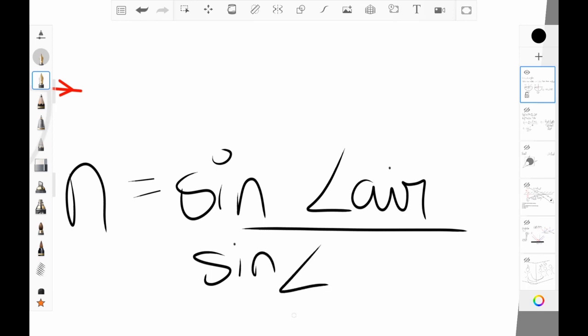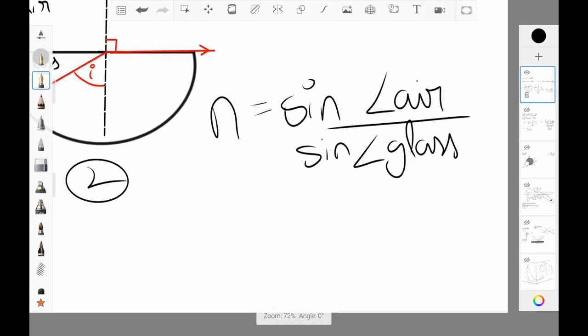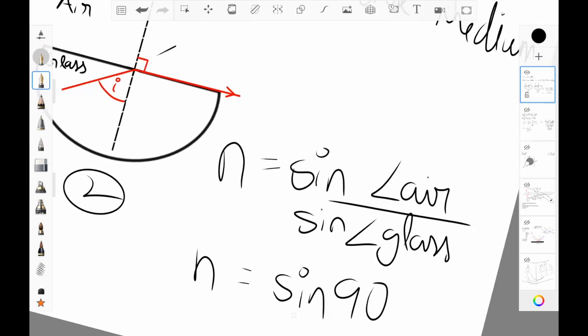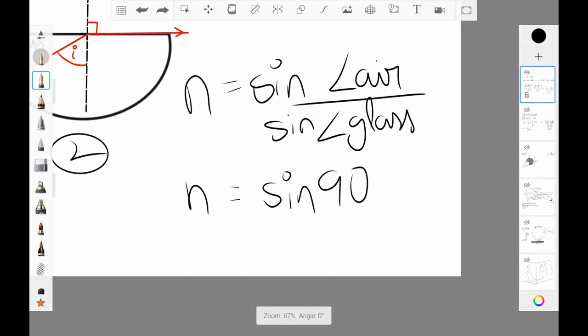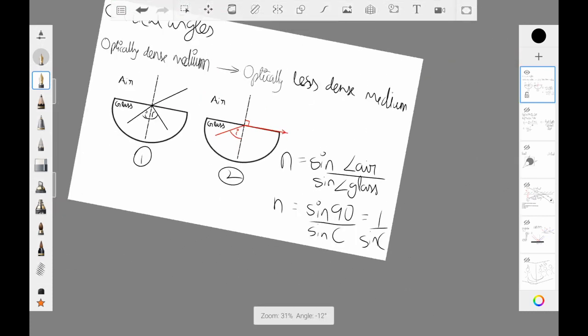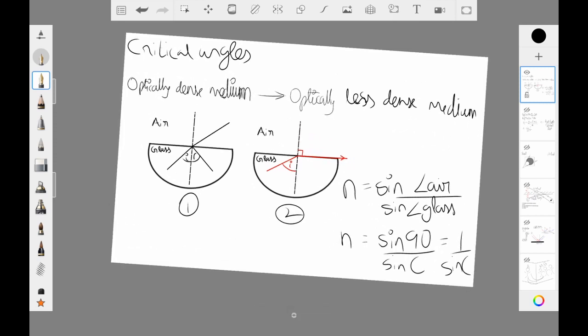Now when you reach a point where you need to consider a critical angle, you can say that n is equal to sine of 90, which is the angle in air, over the sine of the critical angle, which is the angle in the glass. And sine of 90 is obviously 1. So n is equal to 1 over the sine of the critical angle. And using this formula, you can find out the critical angle just by rearranging it. So this is another formula that we derive for refractive index.